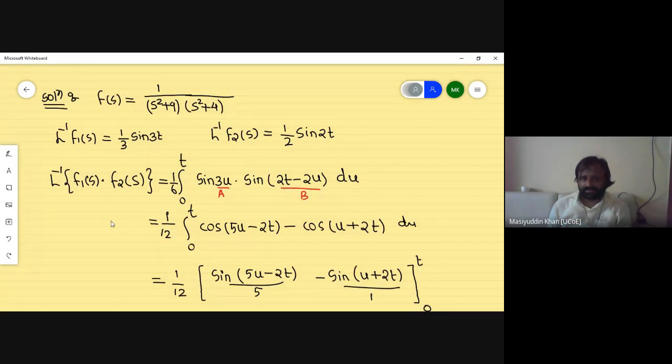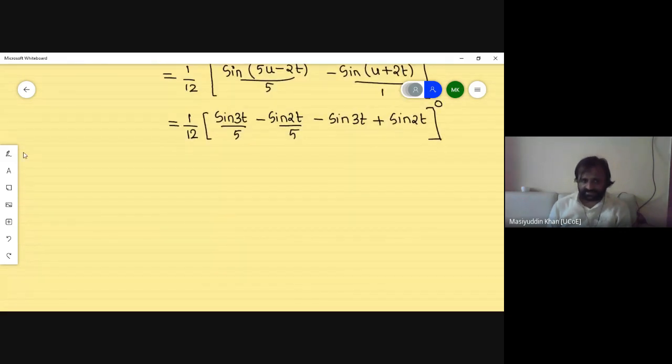If we tackle this as f2 of t minus u, and this as f1, let's see what exactly we are taking here.